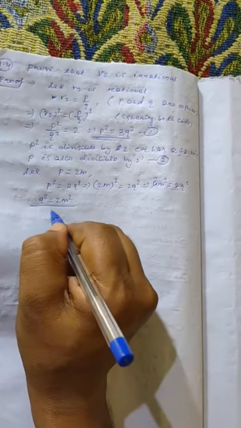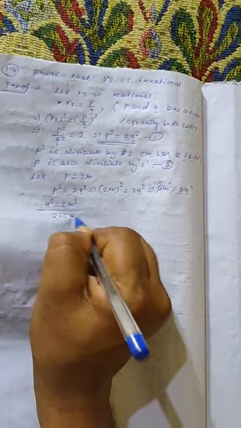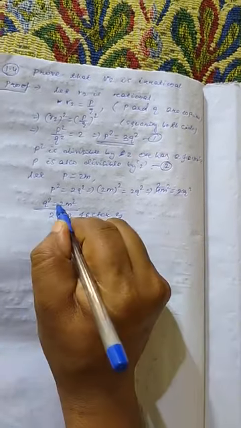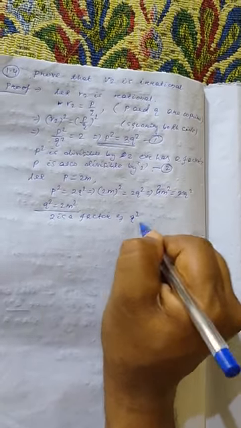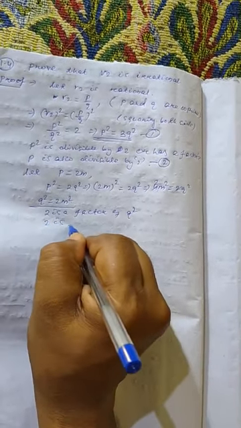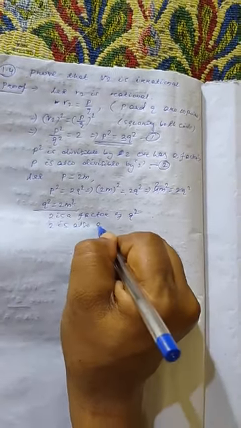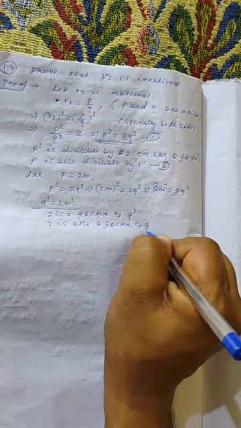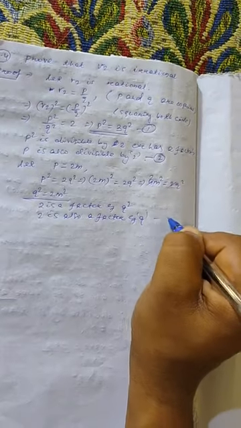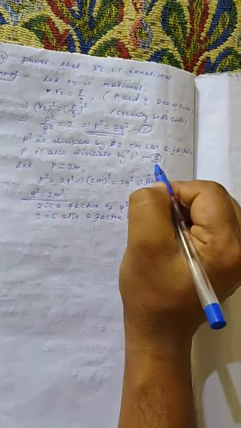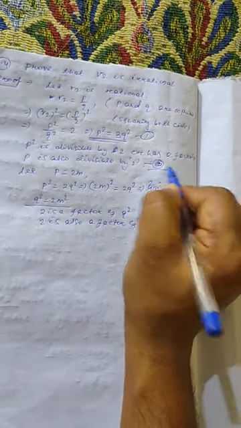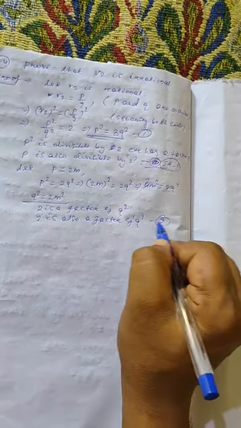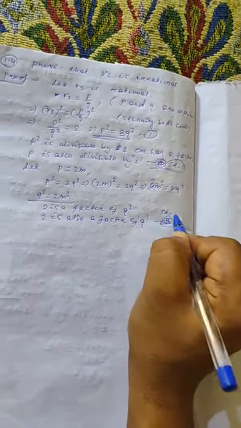That means here also 2 is a factor of q squared, so 2 is also a factor of q. This is statement 2.